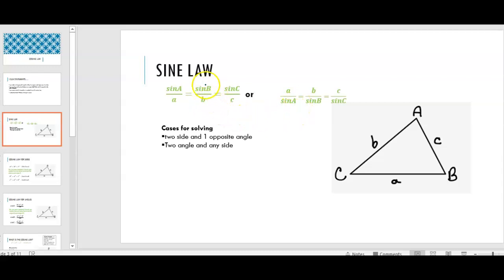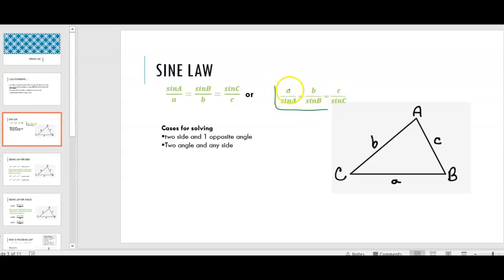And if you recall, to make it easier when we isolate the variable, if we're solving for angle, it is easier to use the first expression. If we're solving for side, it is easier to use the second one, and we're always going to use only two of them depending on what side we're solving for and what is given.